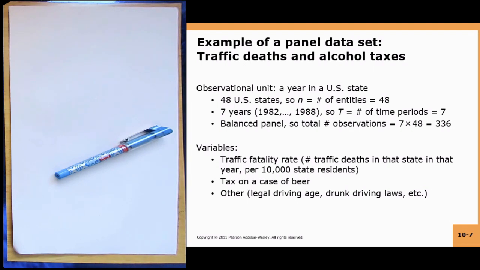We take a particular example of a panel data set, and in this case we are considering the effect of alcohol taxes on traffic deaths. If you want to reduce traffic fatalities, one cause may be drunk driving.